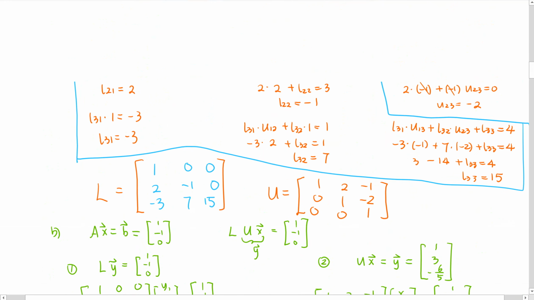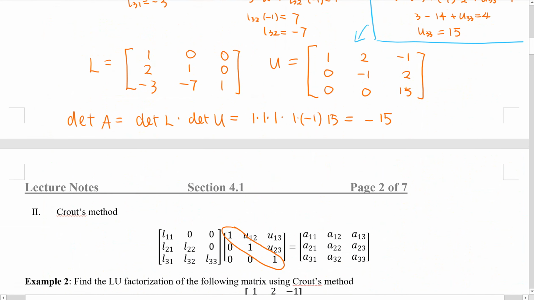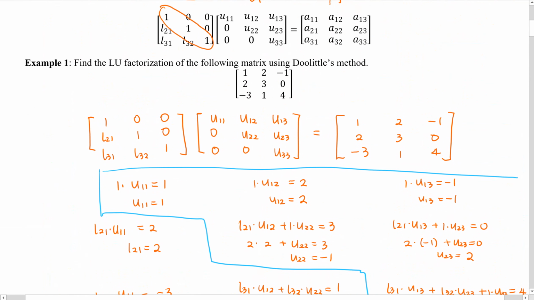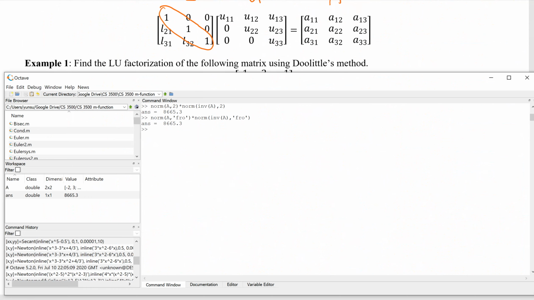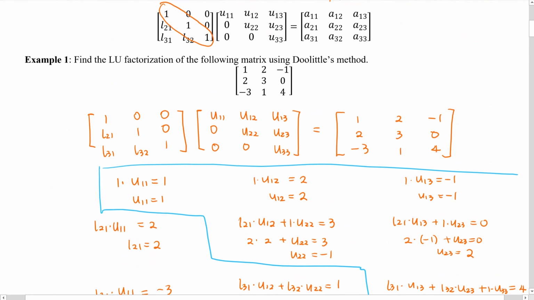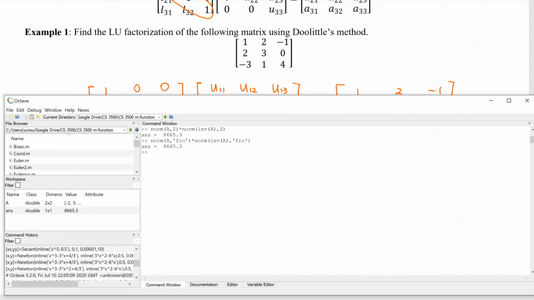Okay, so first example, is this the first example? No, okay, this one is. Okay, so here. First let's input our matrix A. So A equals 1, 2, minus 1; 2, 3, 0; minus 3, 1, 4.